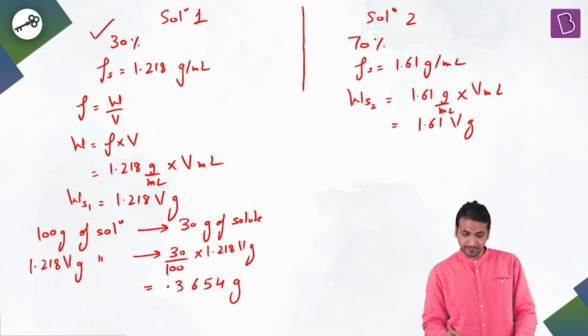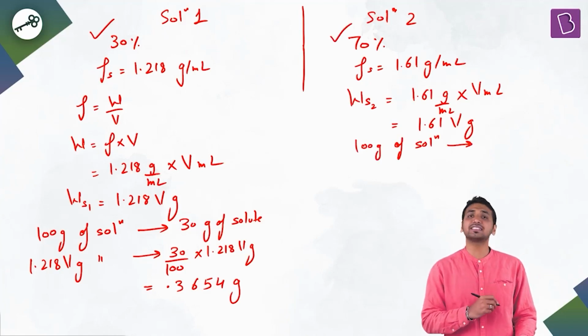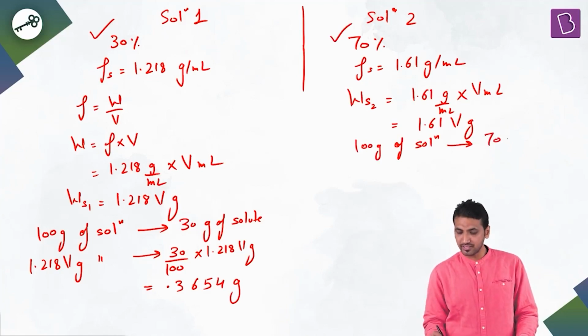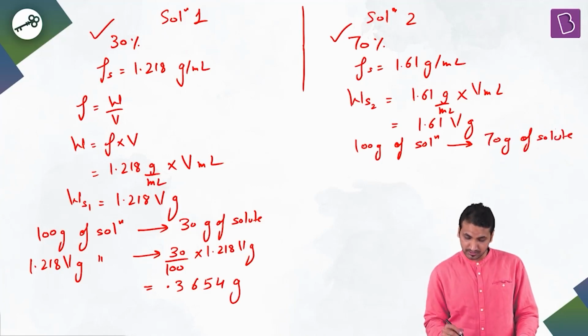Same we can do it here. If you want to calculate, 100 gram of solution will contain, we have the percentage here as 70%, so 70 gram of solute. So what will be the mass if you have 1.61 V gram of solution?